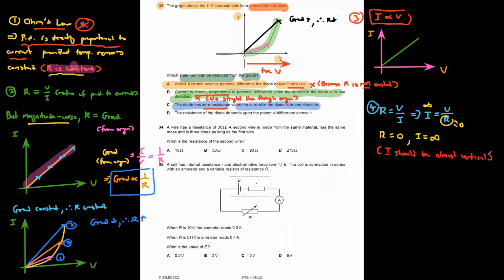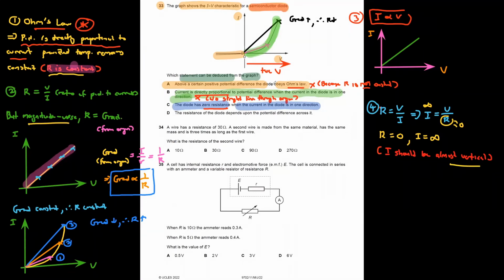Now, if you just look at the graph that you have in the question right now, on the left-hand side, you don't see any part of the graph being almost vertical. Neither do you see on the right-hand side where the graph is almost vertical. When we say the graph is almost vertical, so that your current is infinite, it actually would look something similar to this.